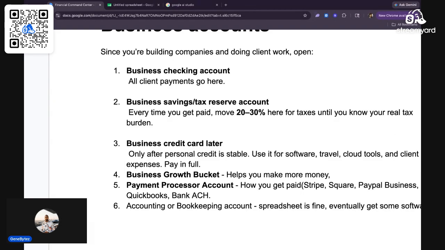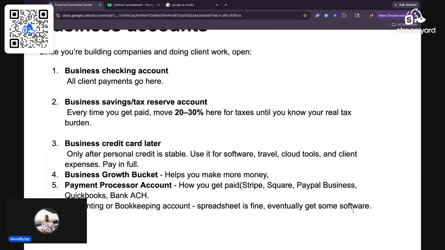Now, you want to track things like revenue, expenses, taxes set aside, profit, client invoices, subscriptions, contractor payments, all that stuff. The whole goal of this is to find out, am I actually making money or am I just moving money around? Right. Then moving on to our next main point.